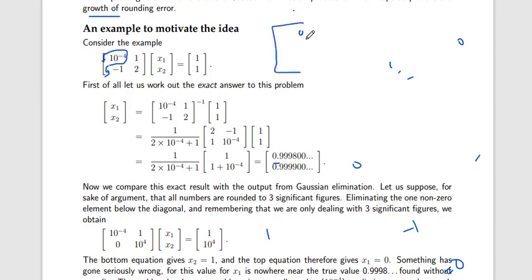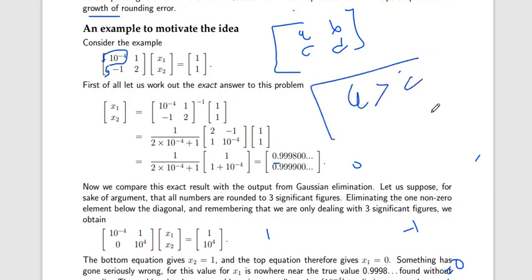Let's take the example A, B, C, D. If A is larger than C, then we can use Gaussian elimination as a method to solve the linear equation.